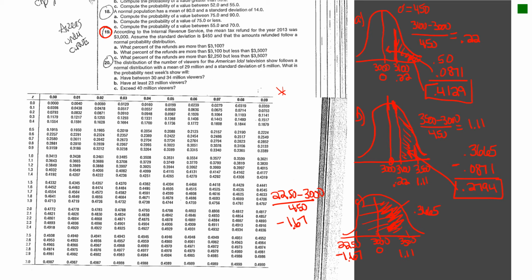So if I can find 1.67 to 0, I can add these together to get my answer. So if I find 1.6, which is right there, and 0.07, it looks like it is going to be 0.4525. That would be right there.